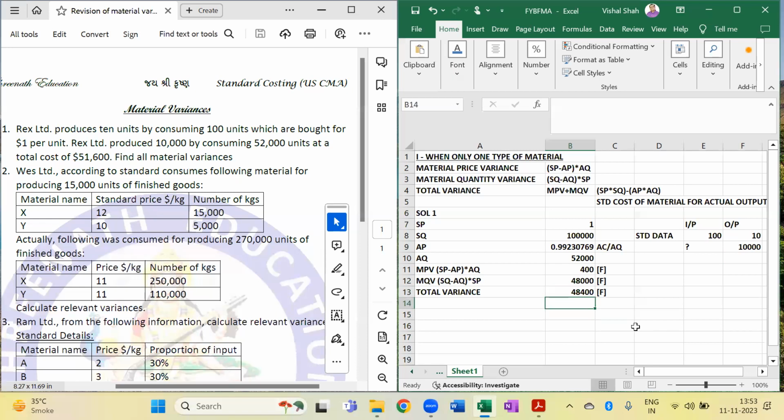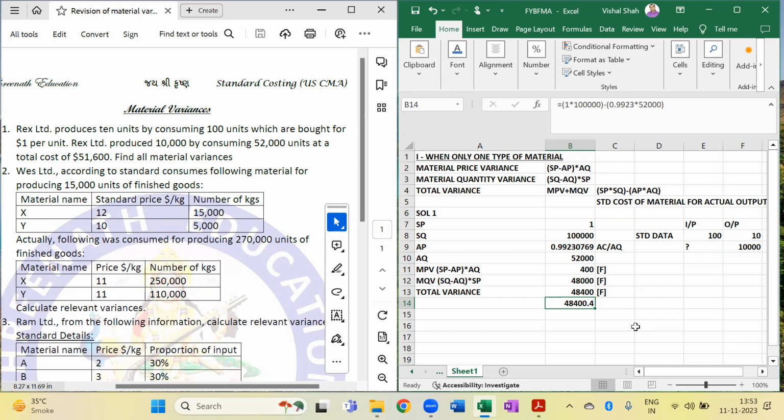See, if you want, I'll check it for you. 1 into 1 lakh minus 0.9923 into 52,000. See, everything will be matched.